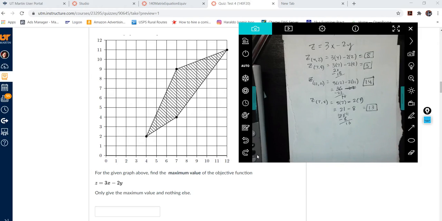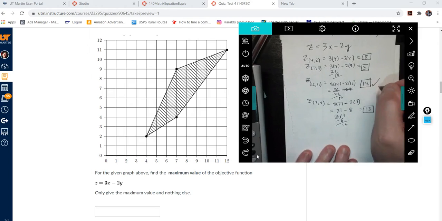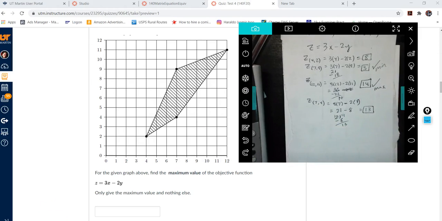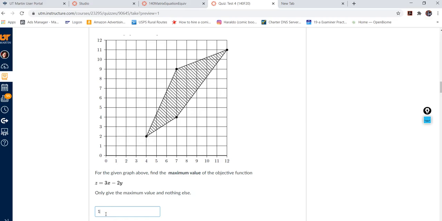Okay, so it looks very much like that is my maximum. If I'd been asked for the minimum, that would have been my answer. But I've been asked for the maximum, so I think it's 14.